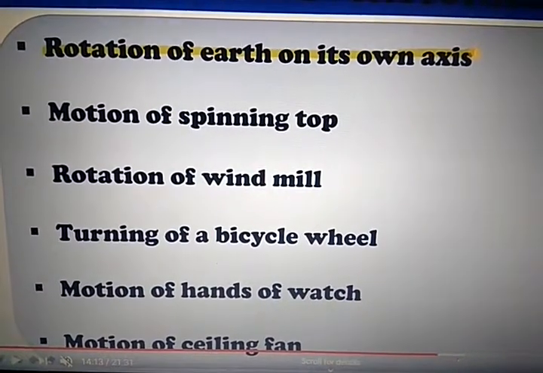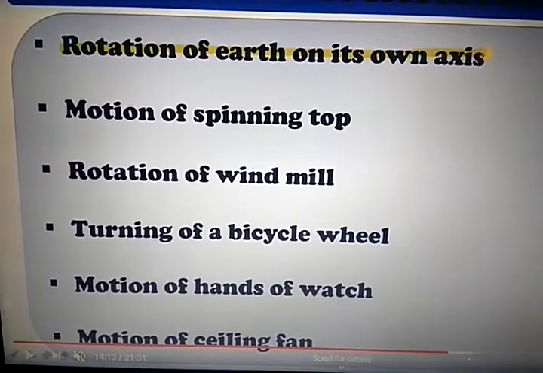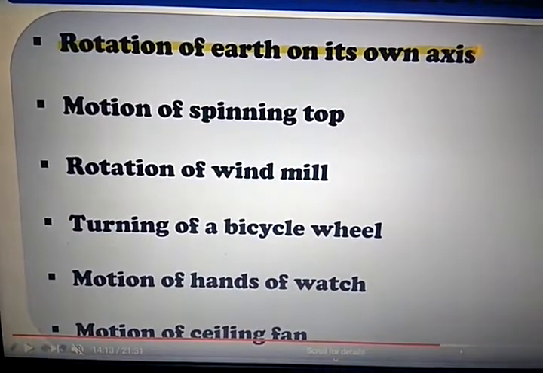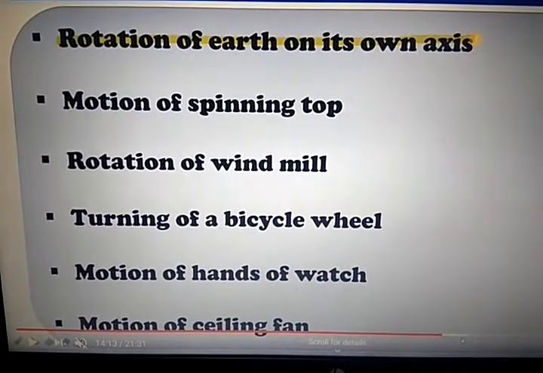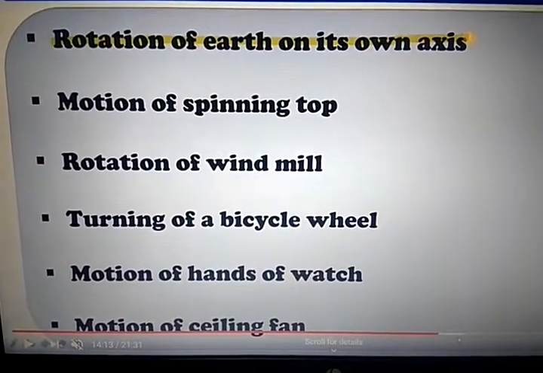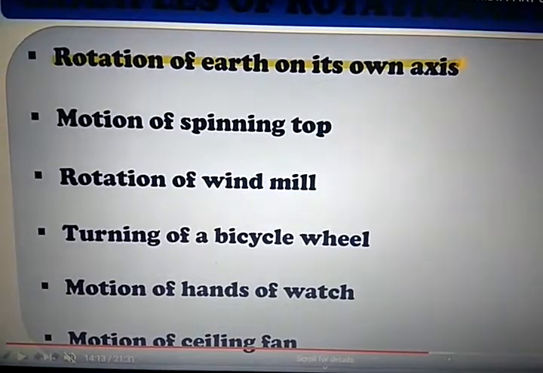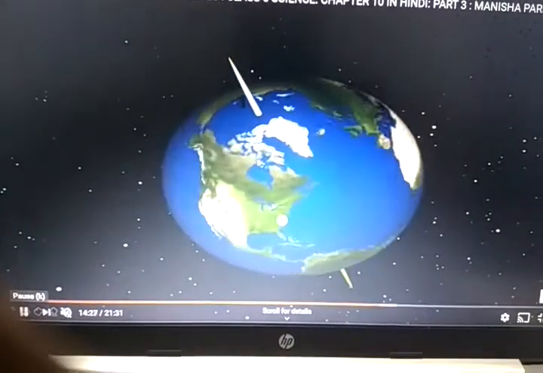Say for example, rotation of the earth on its own axis, motion of a spinning top, rotation of a windmill, turning of a bicycle wheel, motion of the hands of a watch, and motion of a ceiling fan. These all belong to the examples of rotational motion.